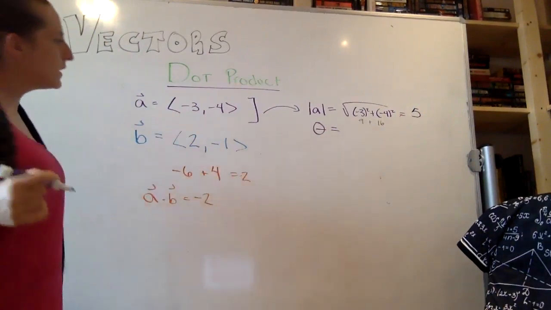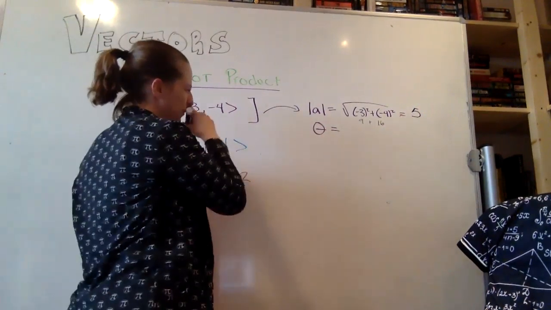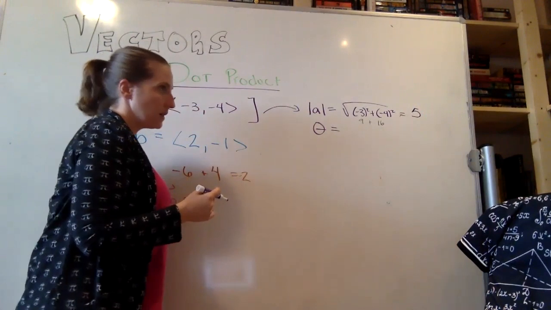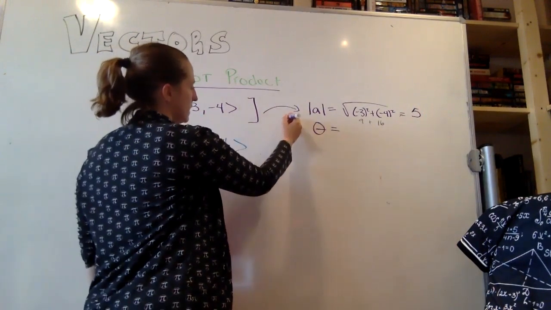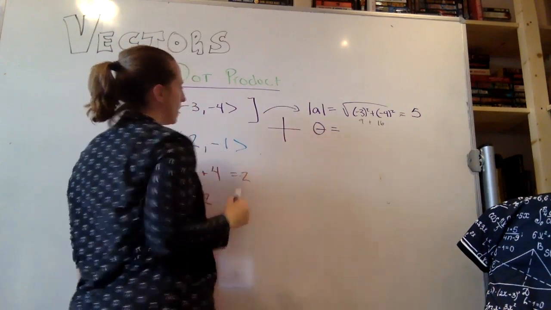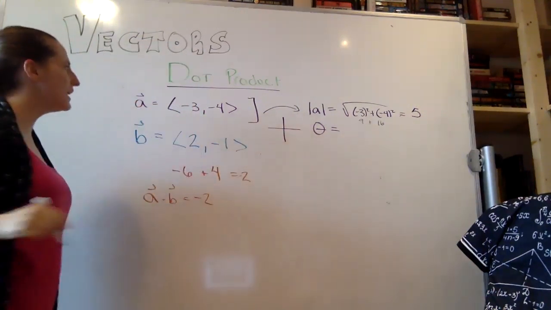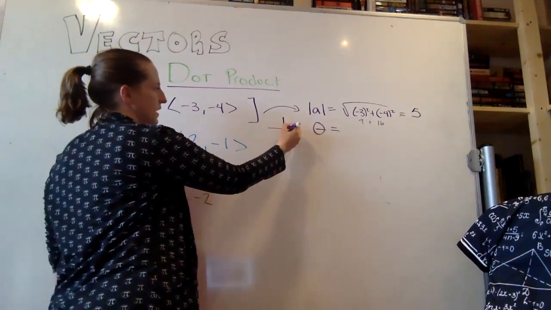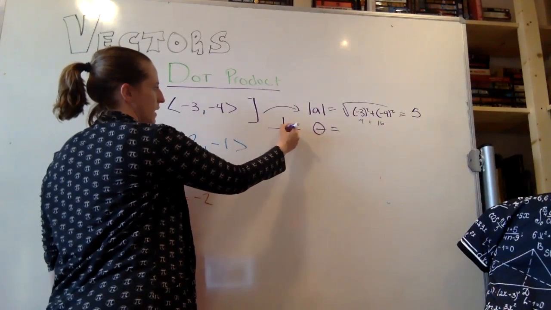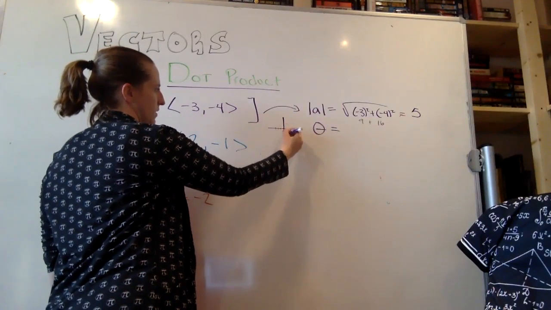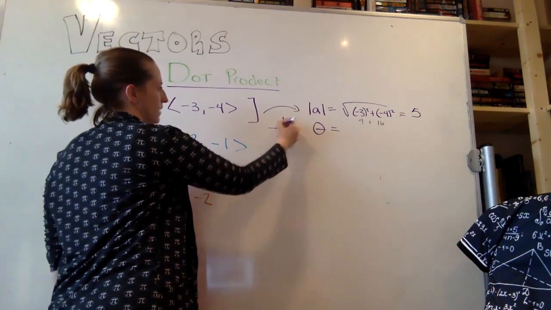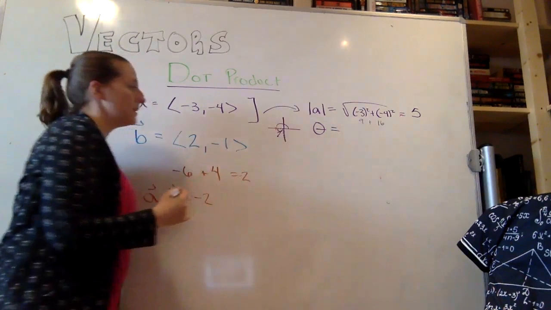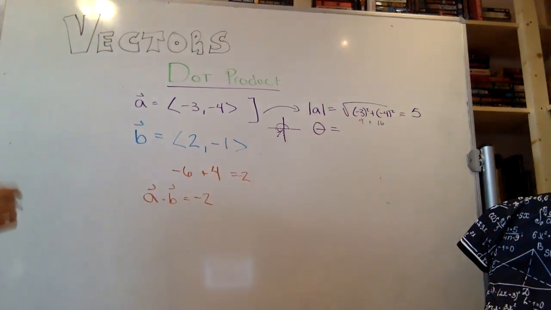Okay. Now, if we want to think about the direction angle, well, there's a couple of different ways that we can think about this. Okay. The first way is to think about where this lies, right? So -3, -4. If I'm starting at 0, 0, it tells me I go left 3 and down 1, 2, 3, 4. Okay. So I expect my direction angle to take me into the third quadrant. Okay.